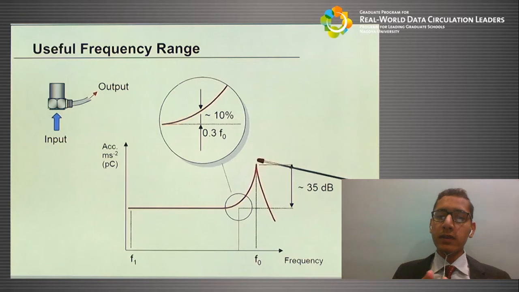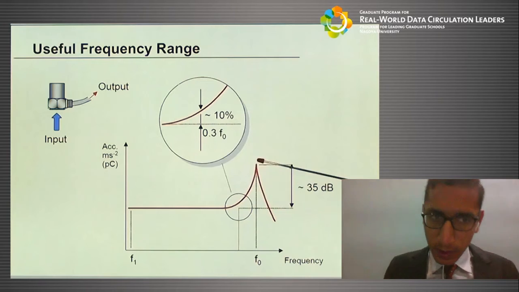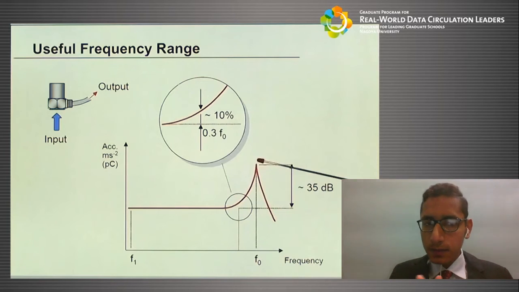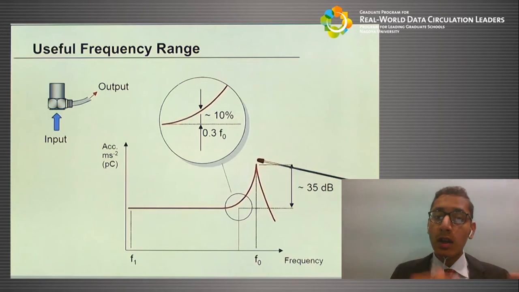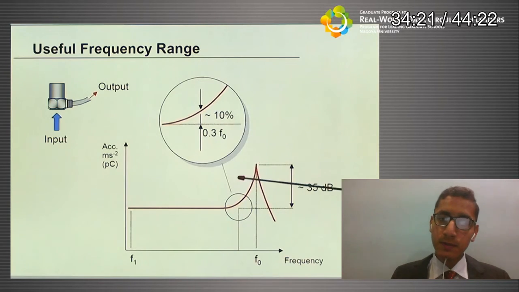Here we have the accelerometer output in meters per second squared, and then we have frequency, and then we can see the frequency range. Here we have 35 decibels.